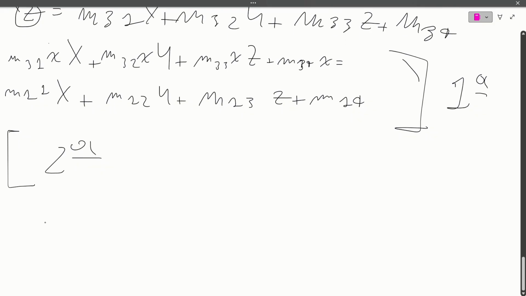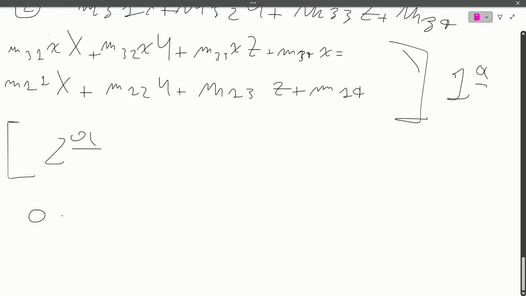We can leave the zero alone and put everything to the right.